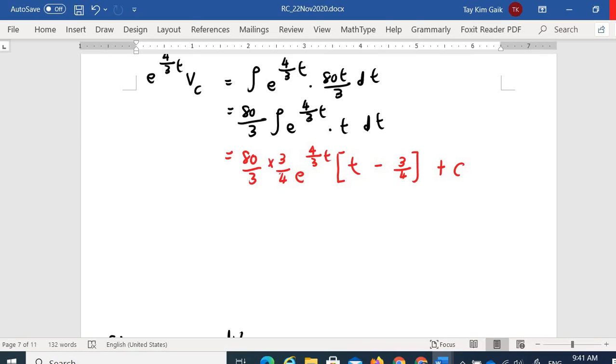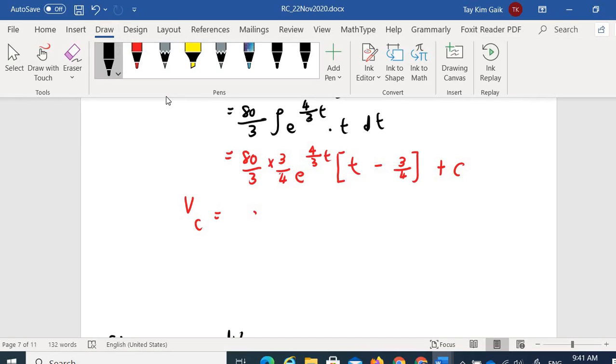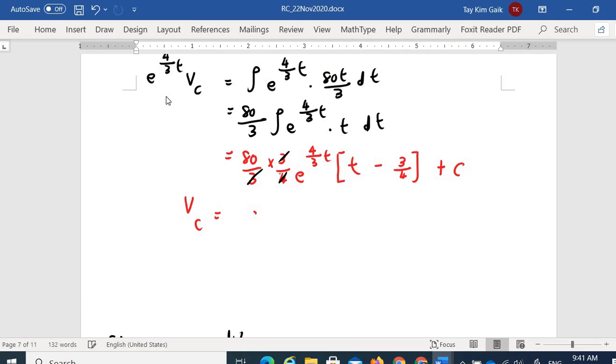You want VC only, so divide both sides by the exponent term. This is 20, so you have 20 exponent 4 over 3t times t minus 3 over 4, plus C.